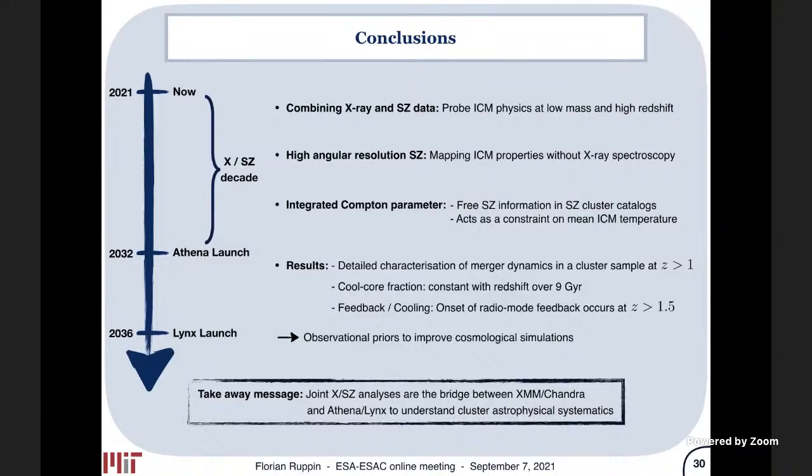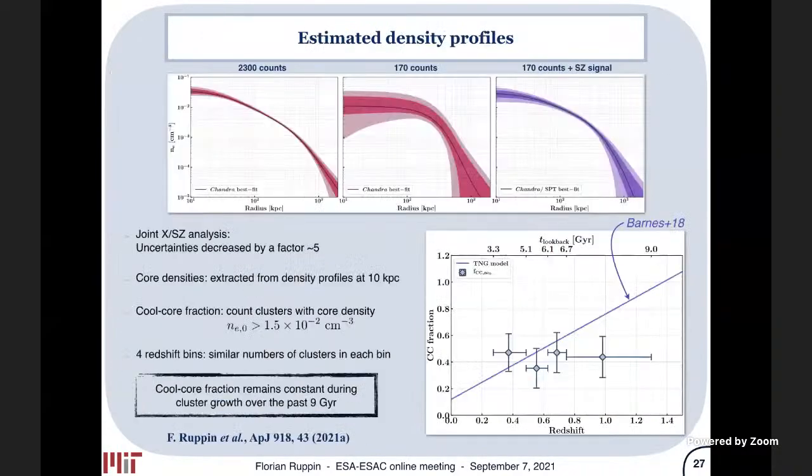Hi, nice talk. One question about your comparison to the cool core fraction. First of all, one thing to notice is that people have different definitions for what they call cool core and how it evolves with time. So have you applied the exact same definition to the simulations and to the observations?